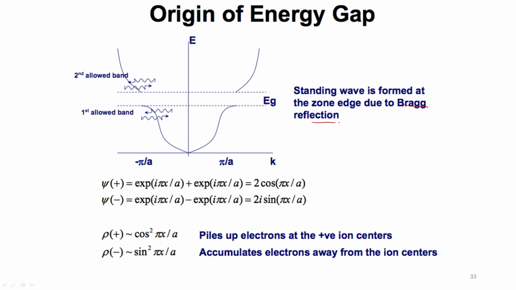Bragg's law is true for electron diffraction, X-ray diffraction, and neutron diffraction. Therefore, Bragg reflection is responsible for these energy bands in the material. Let us not go into all the mathematics, but understand the theoretical aspects of the whole situation.